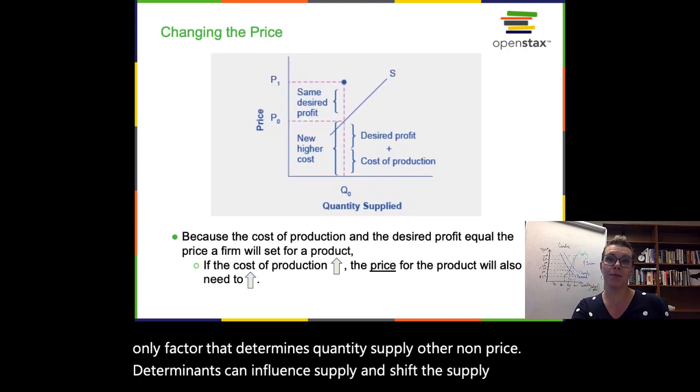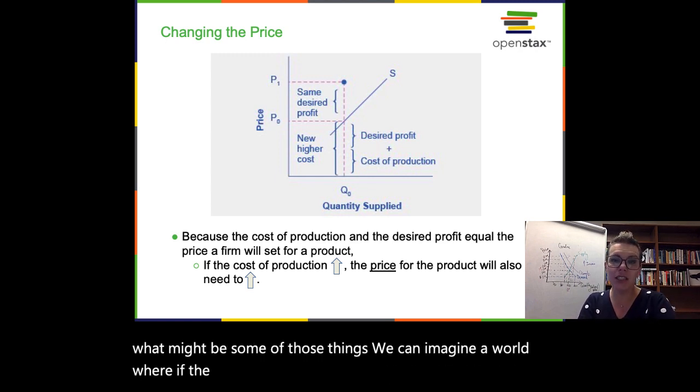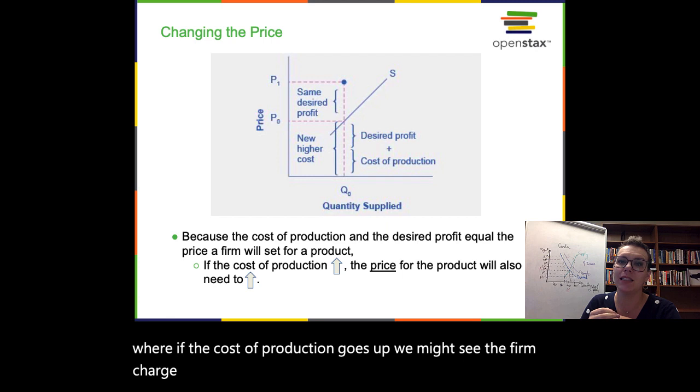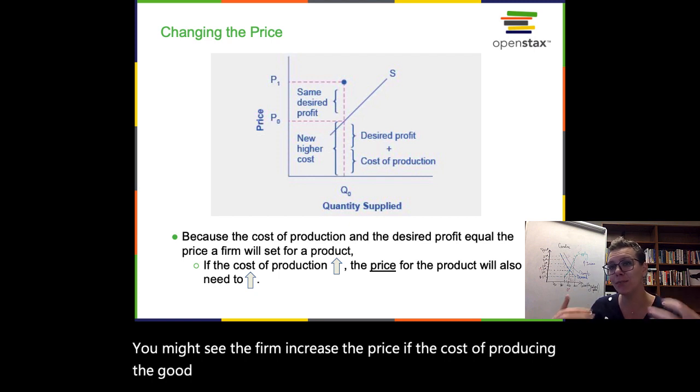So what might be some of those things? We can imagine a world where if the cost of production goes up, we might see the firm charge more. We might see the firm increase the price if the cost of producing the good gets more expensive.